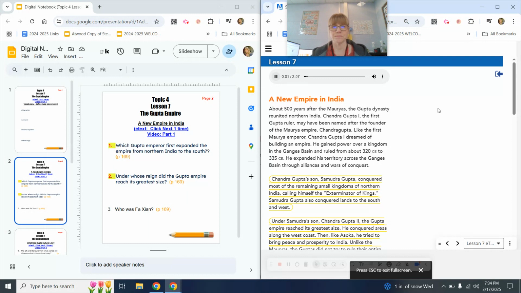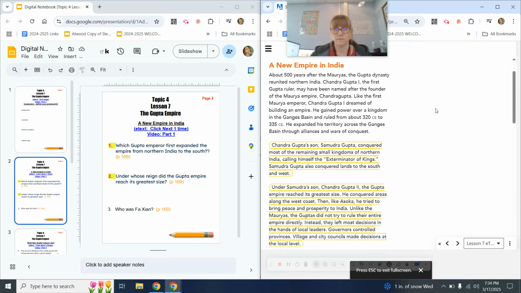A new empire in India. About 500 years after the Mauryas, the Gupta dynasty reunited northern India. Chandragupta I, the first Gupta ruler, may have been named after the founder of the Maurya Empire, Chandragupta. Like the first Maurya emperor, Chandragupta I dreamed of building an empire. He gained power over a kingdom in the Ganges basin and ruled from about 320 CE to 335 CE.